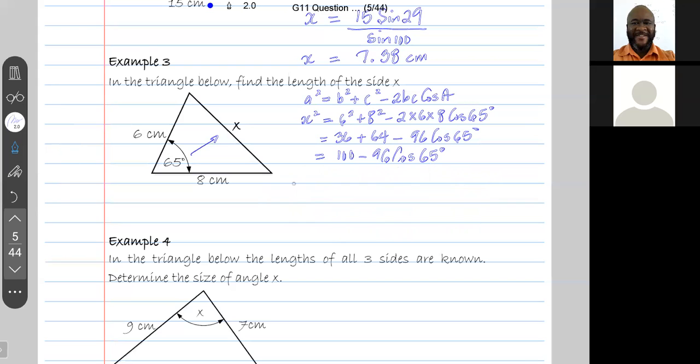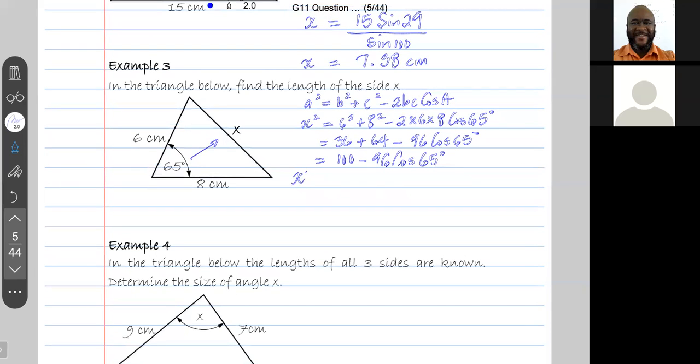You could have said x squared is equal to 100 minus 96 cosine 65, close bracket, press equal.